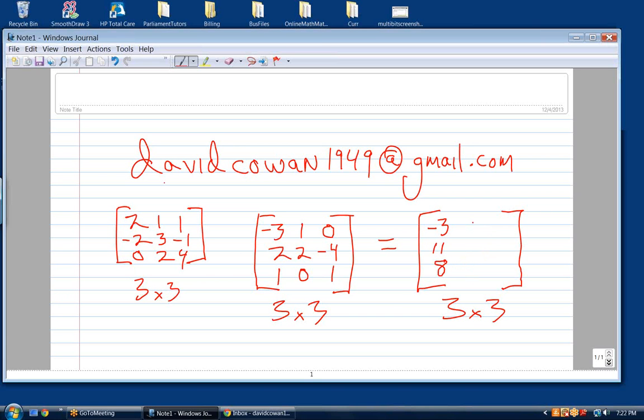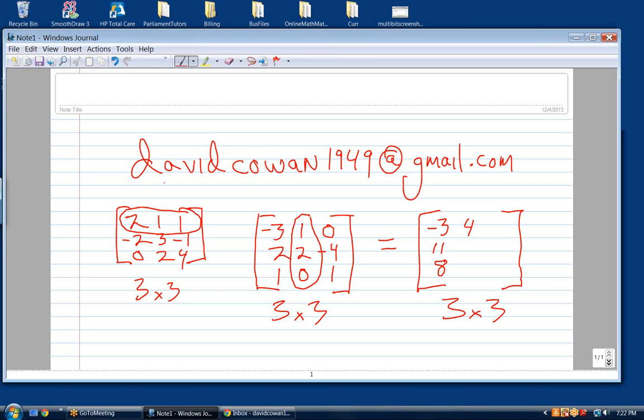And then the next one would be 2 times 1. That's 2. Plus 1 times 2, plus, or minus 1 times -4. No. In other words, we're working with this column here, not the -4 column. I was doing that wrong. In other words, we're laying this column over this row.